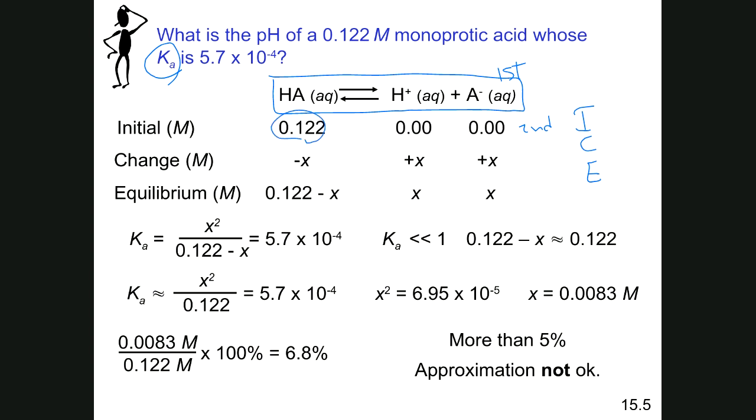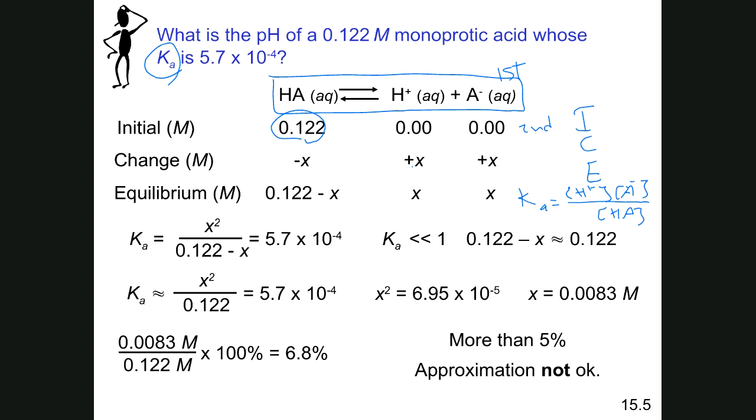Initial value for either one of these would be 0 because it doesn't give any value to begin with. We have the value for Ka. So we are going to set up the ICE table, decrease in concentration, increase in concentration, and then set up the Ka expression. Ka expression in this case is going to be H plus A minus over HA. So we have the K expression.